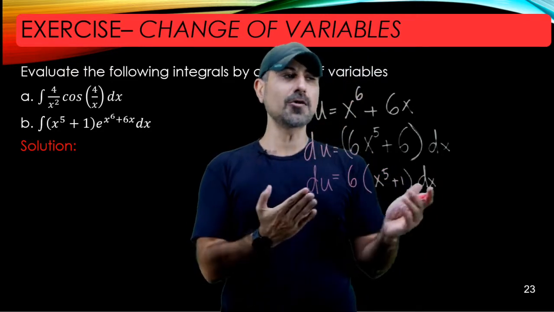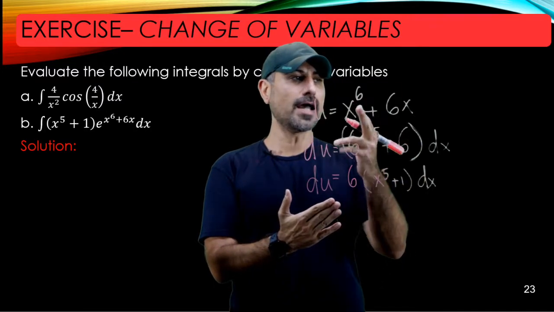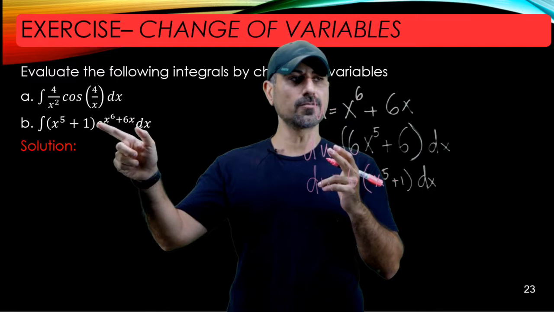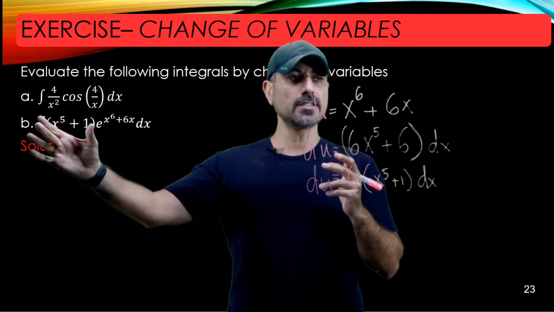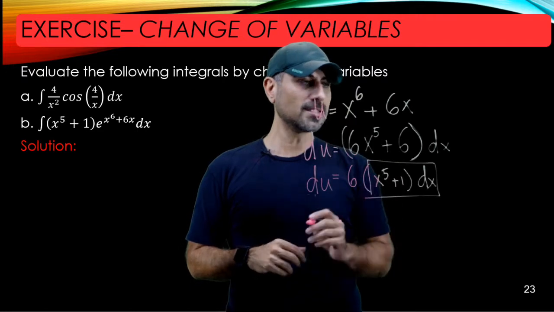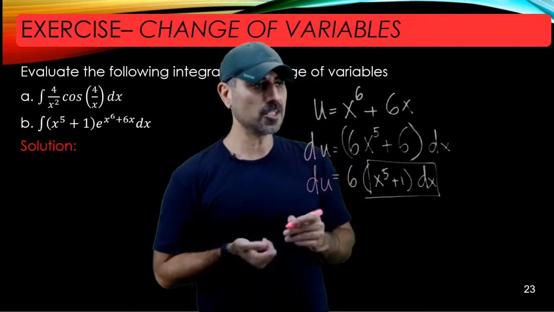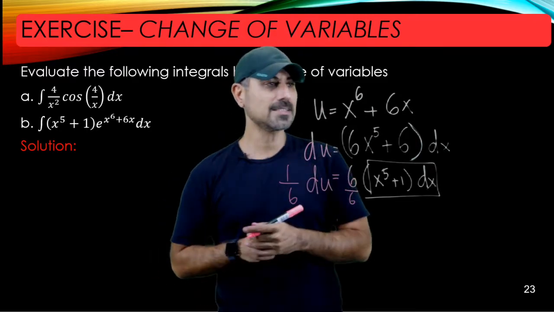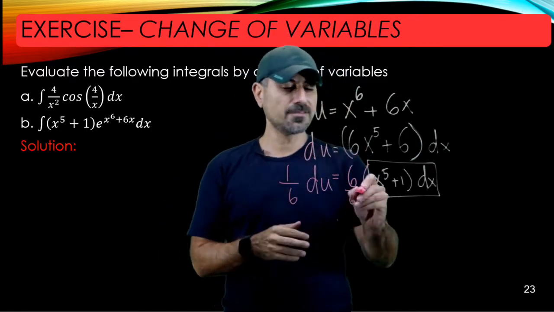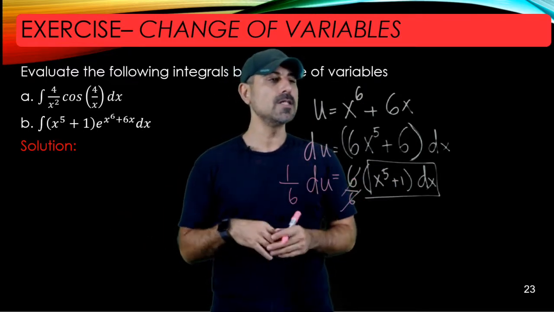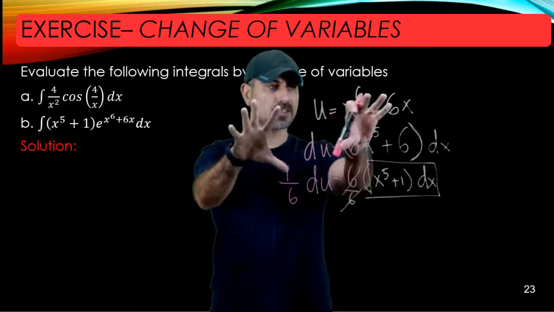This is the connection between x to the sixth plus 6x, which is in fact the exponent of the e here, and this term, because x to the fifth plus 1 dx is going to be 1/6 of du. In other words, if we divide both sides by 6, x to the fifth plus 1 dx is going to be replaced by 1/6 du after we have this change of variable.